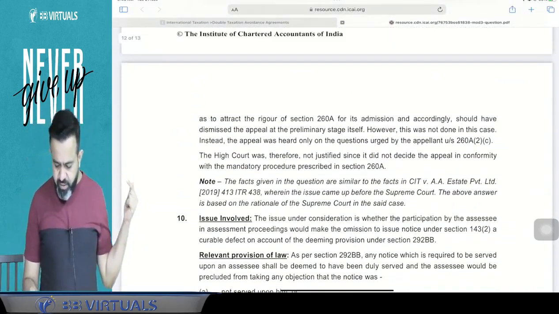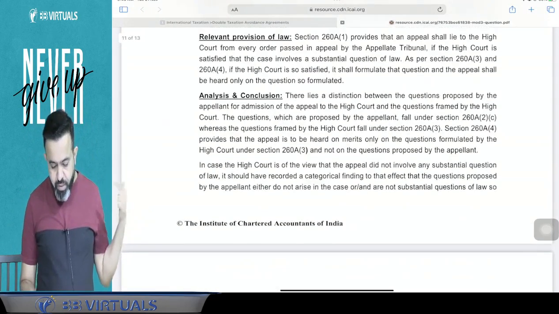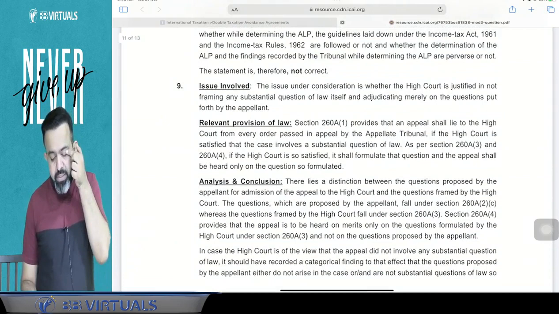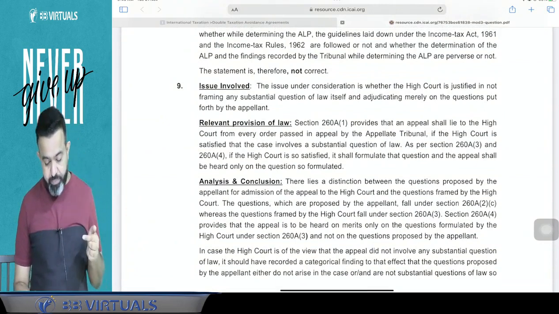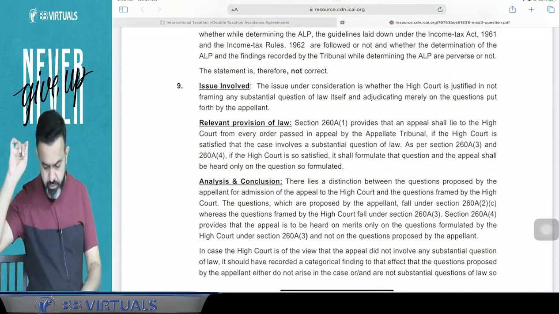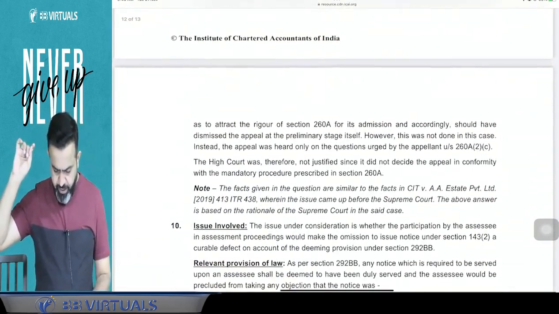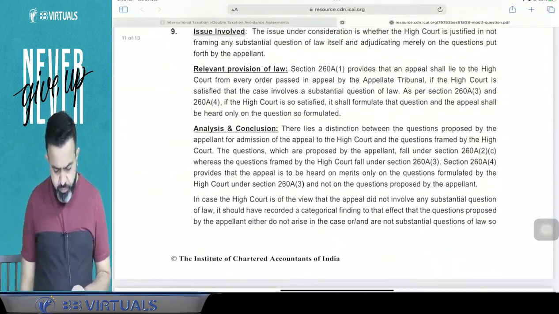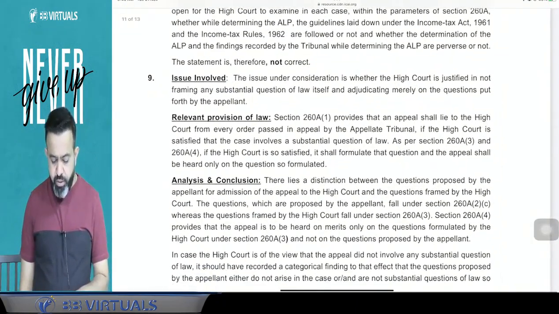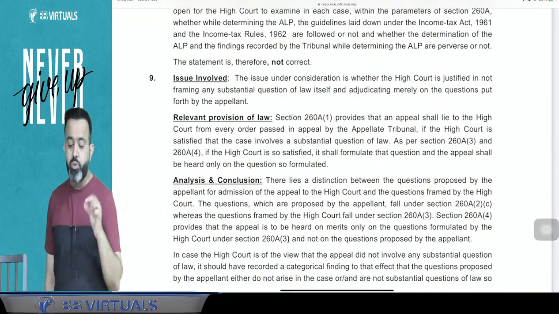After that there is one case law on the Supreme Court, related to appeals. Here there was one case law related to the AA state, and the issue under consideration is whether the High Court is justified in not framing any substantial question of law.